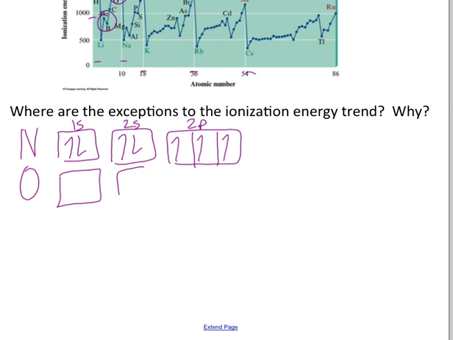Oxygen, however, is 1s2, 2s2, what? 2p, 4. All right. When you're answering this, I really want you to indicate which electron we're talking about. We're talking about the last electron in these things. So we're talking about that electron and that electron. Please indicate that so the reader knows you know what you're talking about.